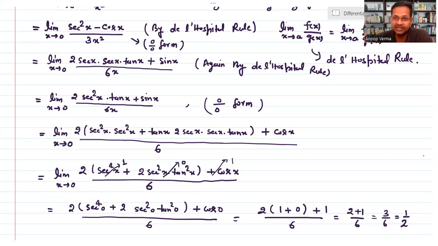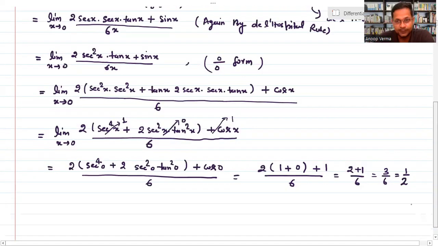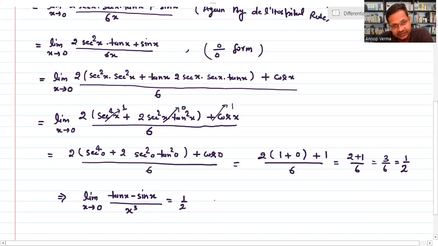And if it is infinity upon infinity form, then you can also apply the L'Hospital rule. So the limit as x tends to 0 of (tan x minus sin x) divided by x cube is just equal to 1 by 2. So this is your answer.